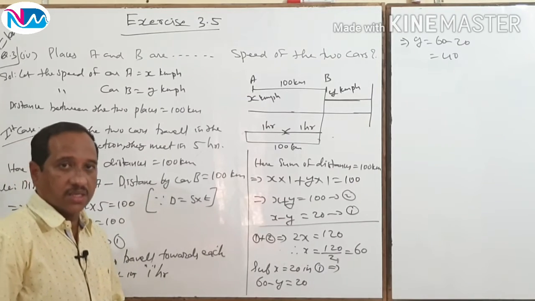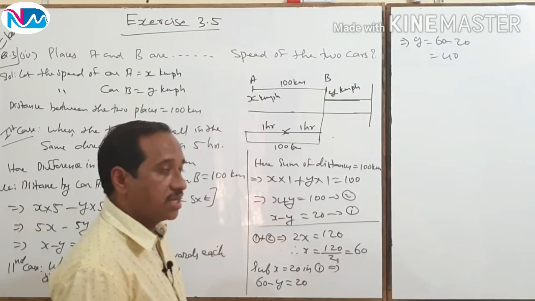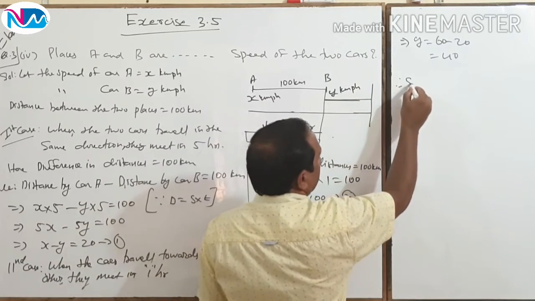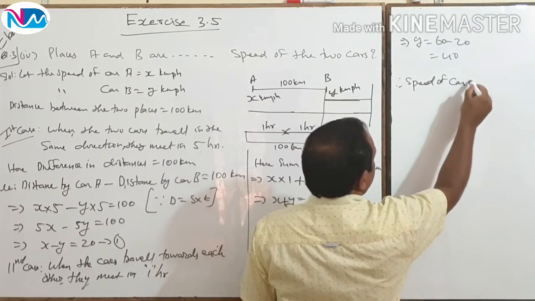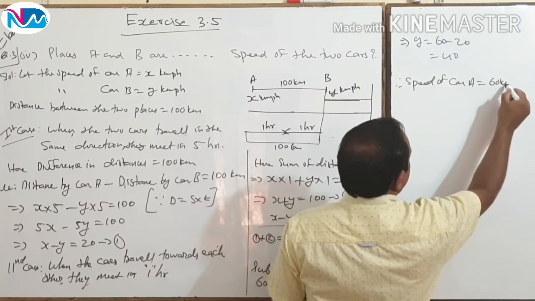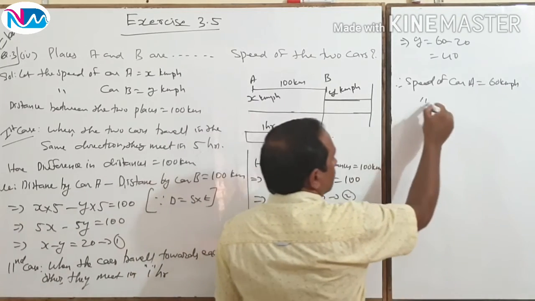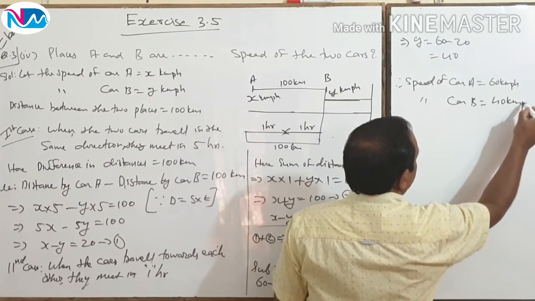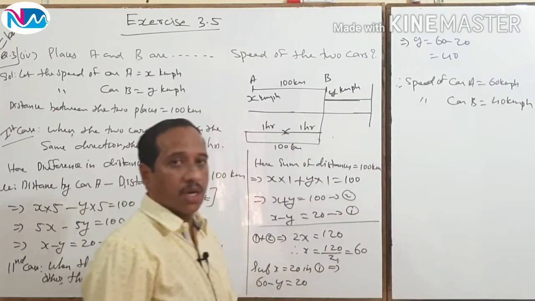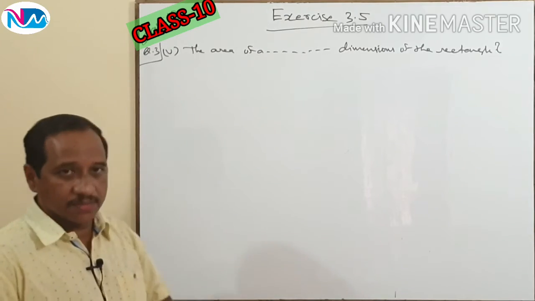So here we are getting the values of x is equal to 60 and y is equal to 40. Therefore, speed of car A is equal to 60 km per hour and the speed of car B is equal to 40 km per hour. Now we move on to question number 5 under question number 3.